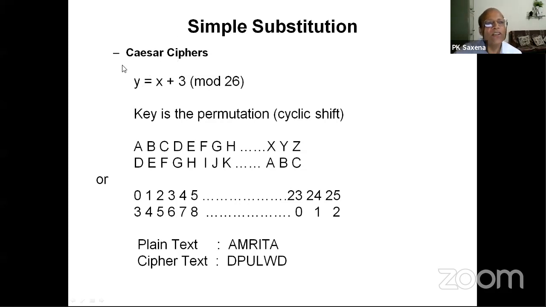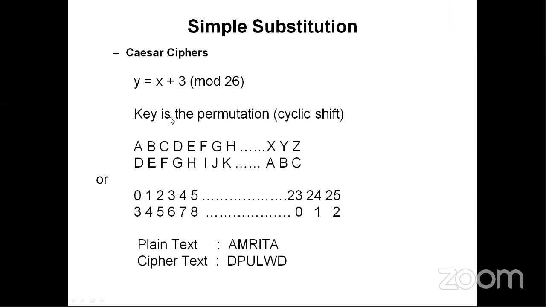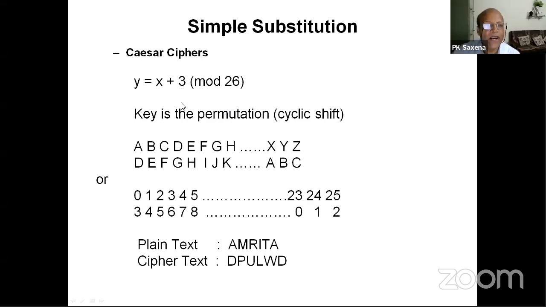As I talked about in the history, the Caesar cipher was actually a simple substitution method where a permutation was the key, and this permutation was nothing but a shift by 3 of a letter. Like A was replaced by D, B by E, C by F, D by G, E by H, and so on.